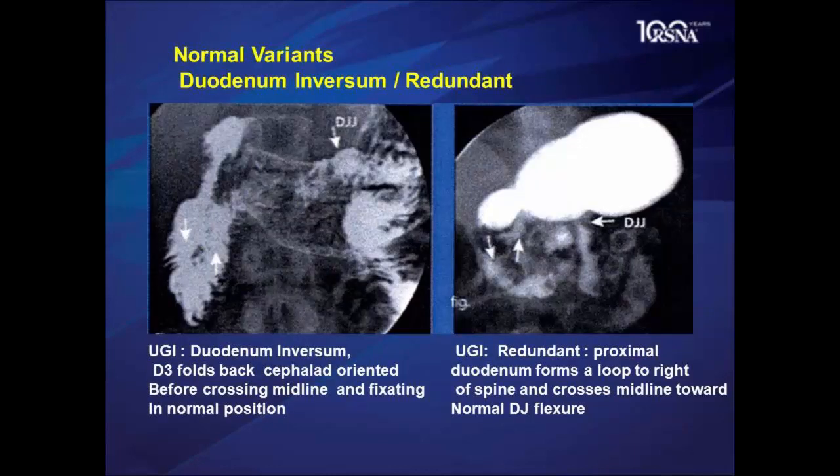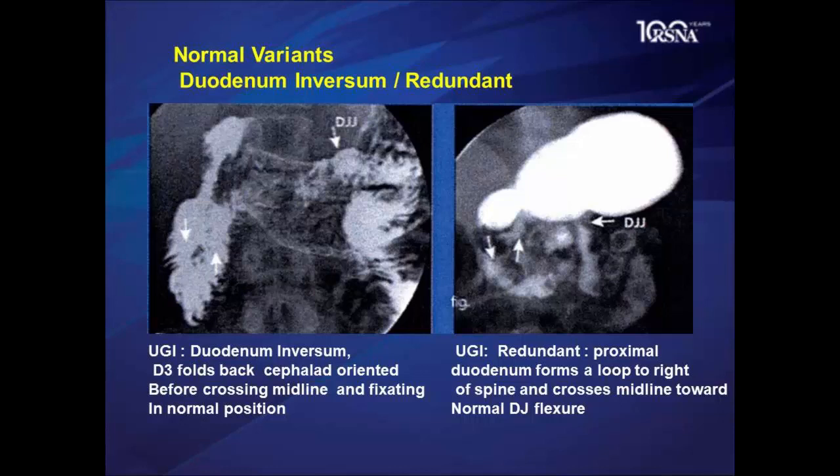But you have to be aware of some variants, the so-called duodenum inversum, where actually duodenum is opacified, D2, and then D3 is ascending toward the head here, before crossing at this level. So the duodeno-jejunal junction is in normal location, but we have these variations.